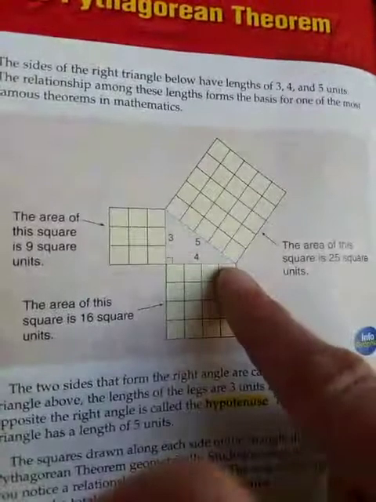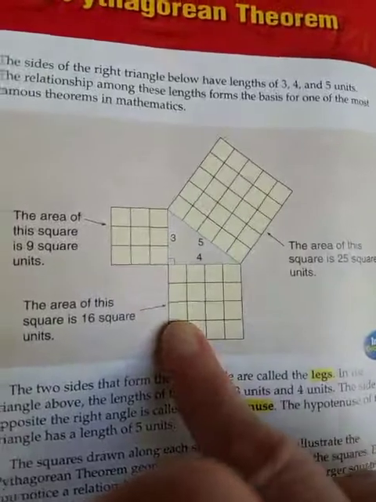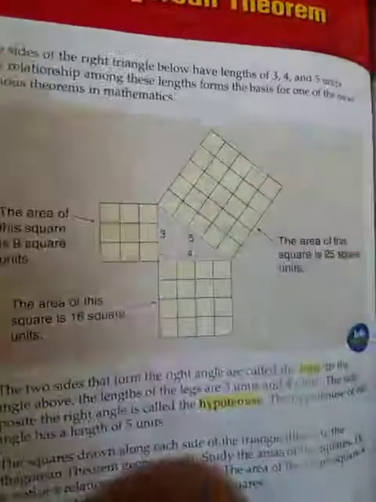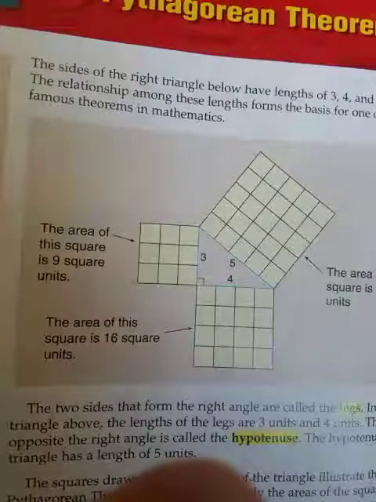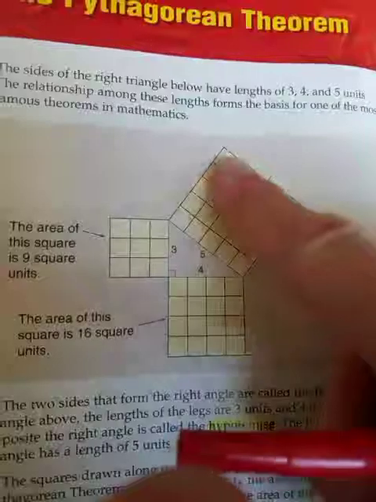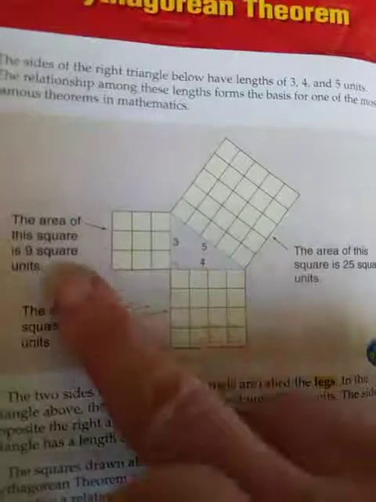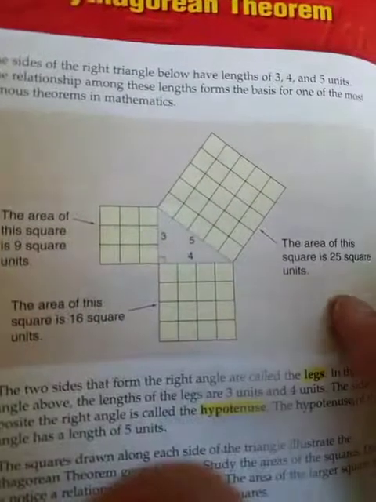Same thing with 4: a square of 4 by 4, 4 times 4 is 16. And your last one, 5 by 5, 5 times 5 is 25. So remember, you had 9, 16, and 25.